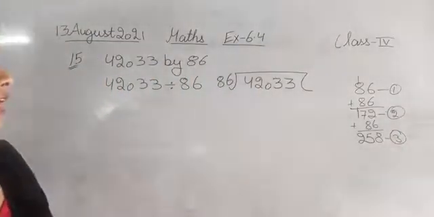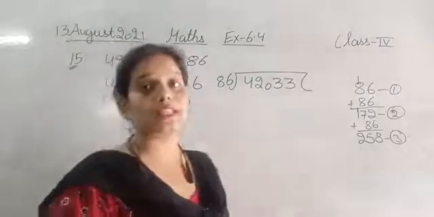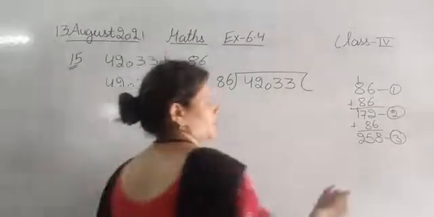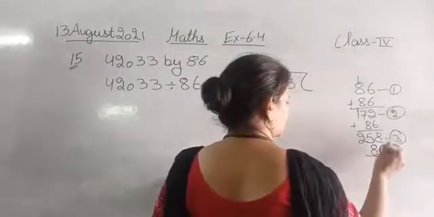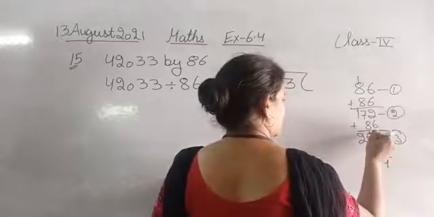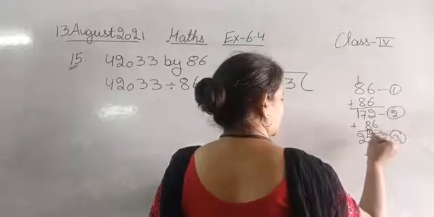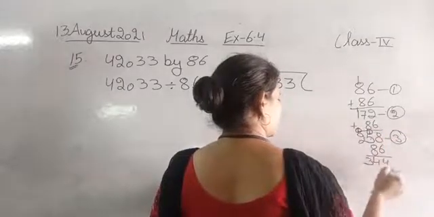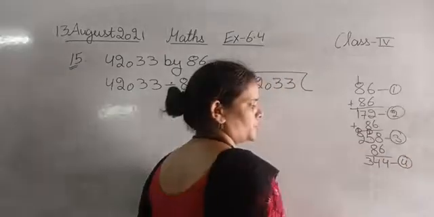So we need a multiple of 86 where we can get 420 or less than 420. See how: 258 plus 86 is 344, so 86 fours are 344.